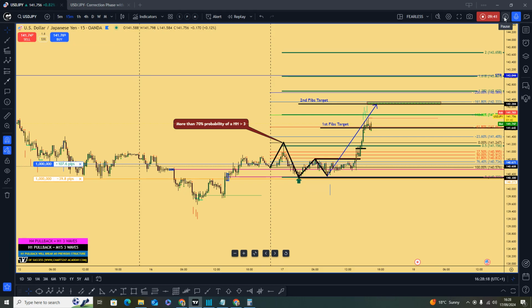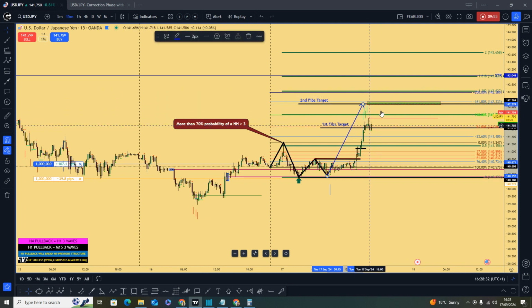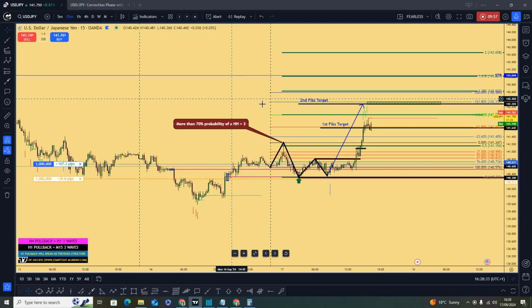Okay, so price is finding the T1 here, even though we've come above it. We're retesting the T1 again. Find it a little bit difficult. These Fibonacci targets that we identify are what we call the hold up price.